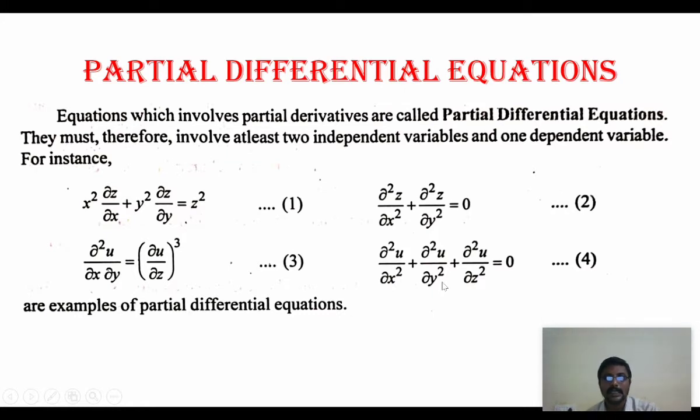These are the examples for partial differential equations. So what is the definition? An equation which involves partial derivatives is called a partial differential equation, and it must involve one dependent variable and two or more independent variables. Such types of DEs are called partial DEs.